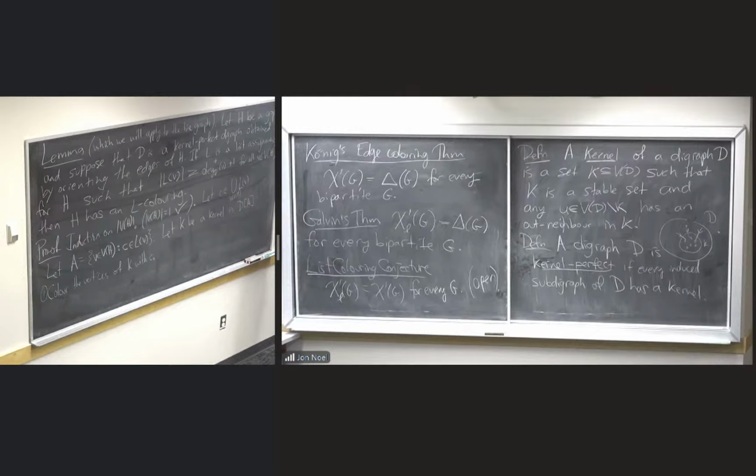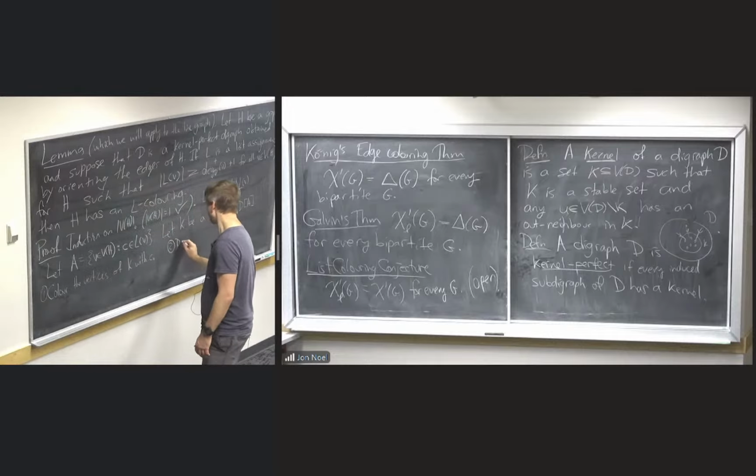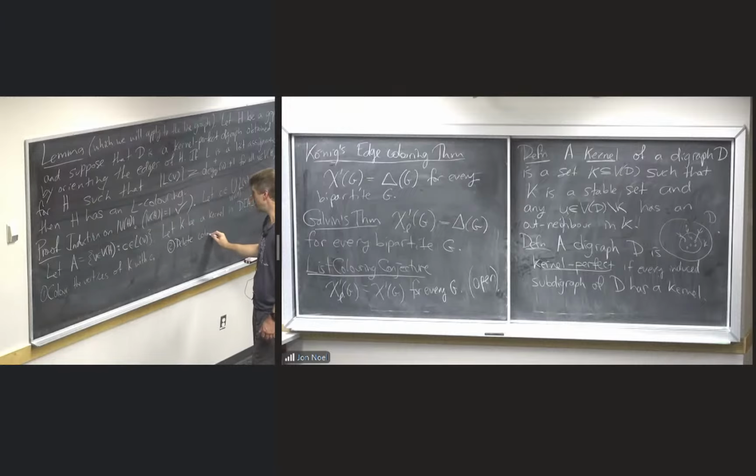Delete C from all of the lists. After I give the color C to vertices in K, I might not be able to use the color C on other vertices because they might be adjacent to things in K. So I'm going to delete the color C from the lists of all vertices that are not in K. Now I want to see that I'm done by induction.